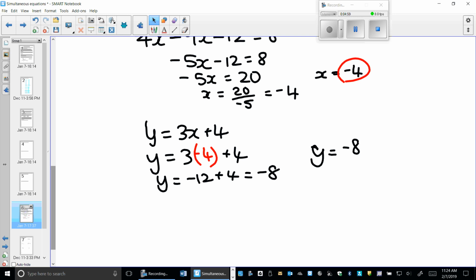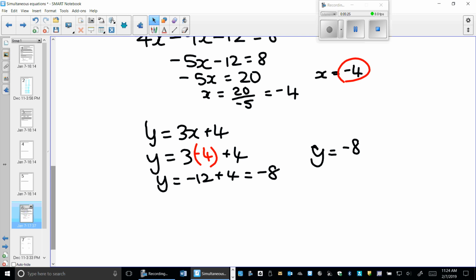Every method is going to give you the same answer. Okay? Graphical takes a long time because you need to rearrange it to be y equals, then plot it, and find out where they meet. That takes time. Elimination is the most common, unless one of them is in a y equals or x equals format, in which case you just literally replace them.